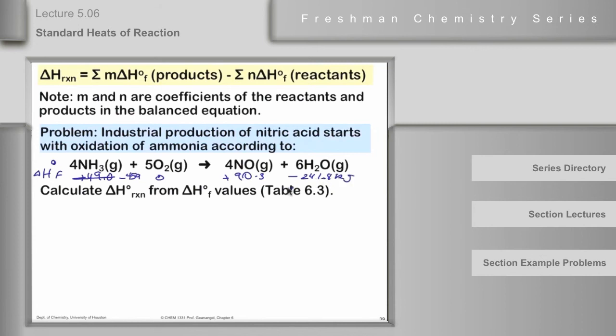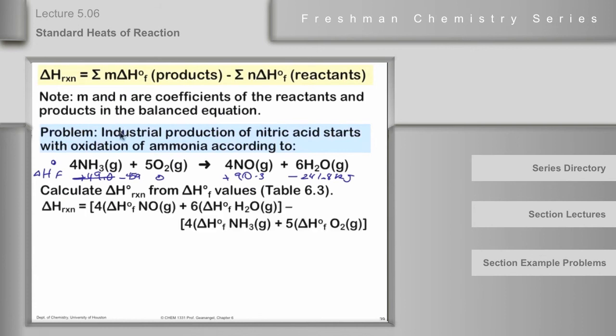They're all in kilojoules. So I have what I need to plug in, and this is the equation. Delta H of reaction is 4 times the delta H of formation of NO, which is plus 90, plus 6 times the delta H of formation of water in the gaseous form, which is negative 241.8, minus 4 times the delta H of formation of ammonia, right here, plus 5 times the delta H of formation of oxygen, which is 0.